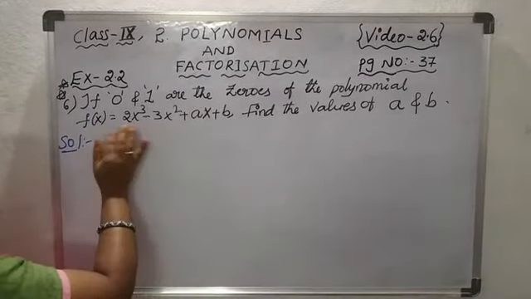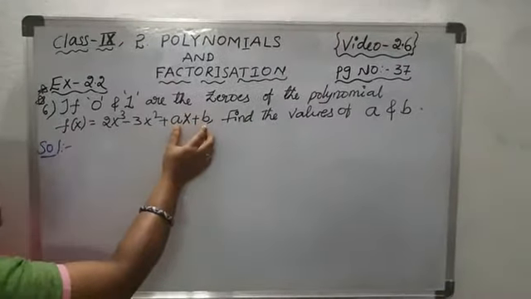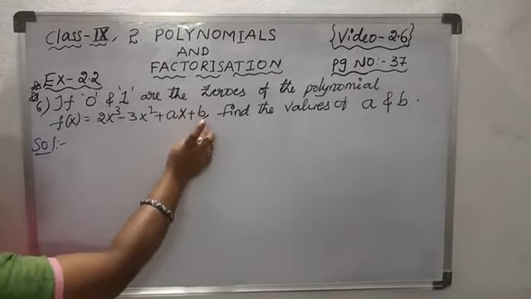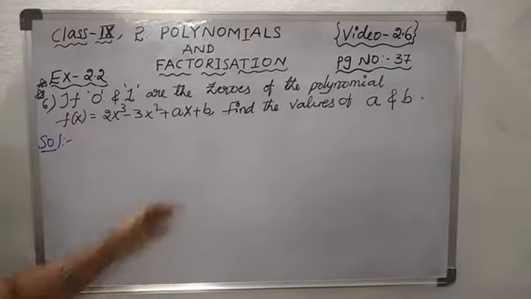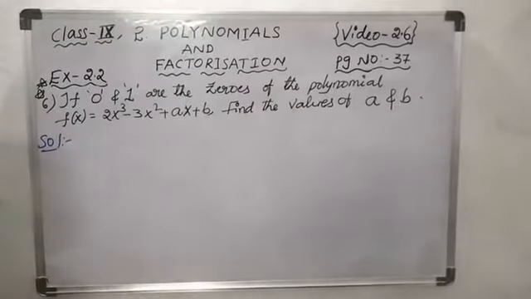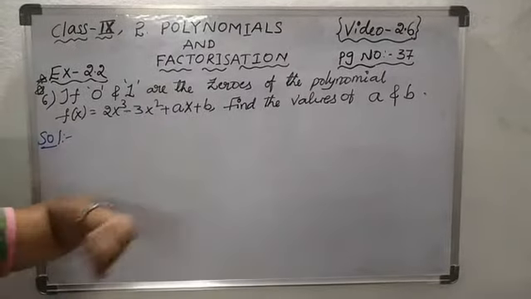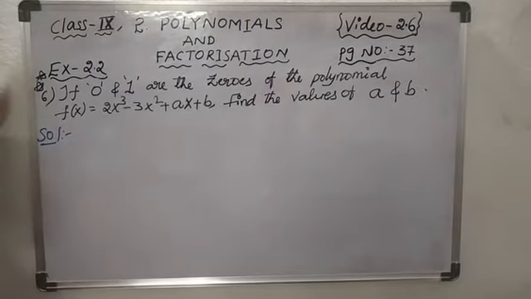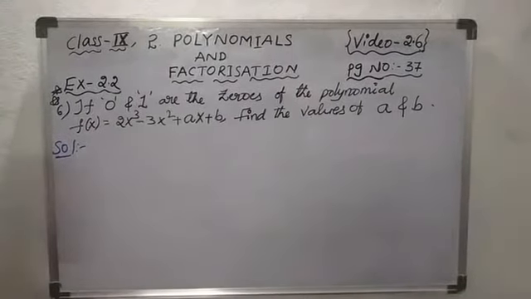So here observe, in this expression they missed two values in the place of a and b. Now we have to find the values of a and b. We know very well how to find the zeros of the polynomial according to the definition: P of x is equal to 0.